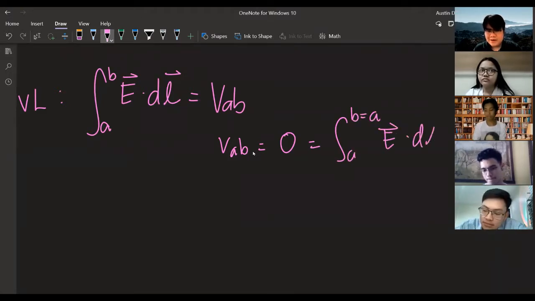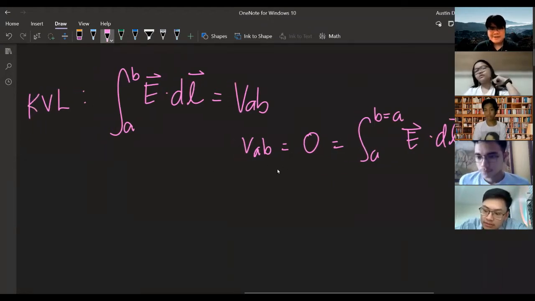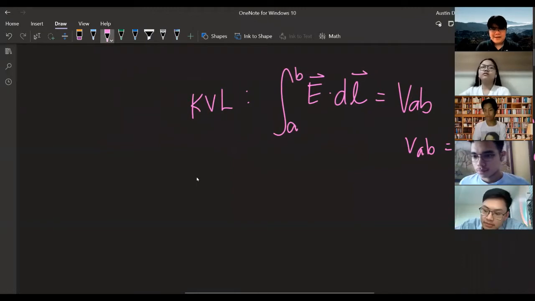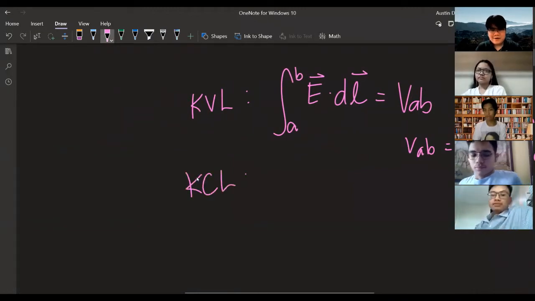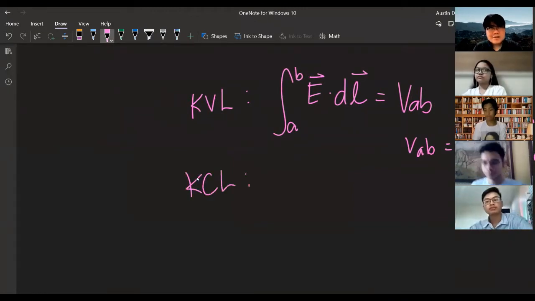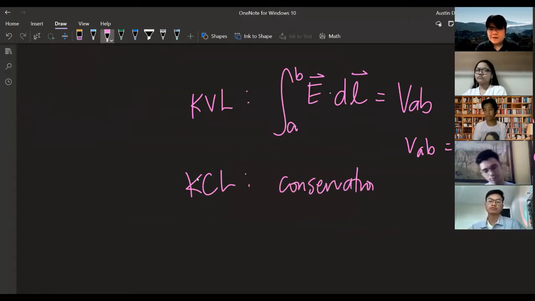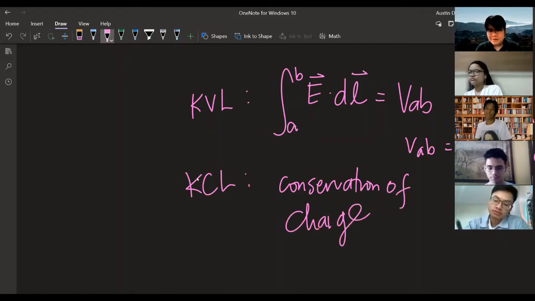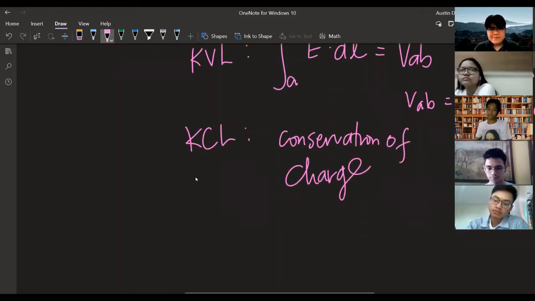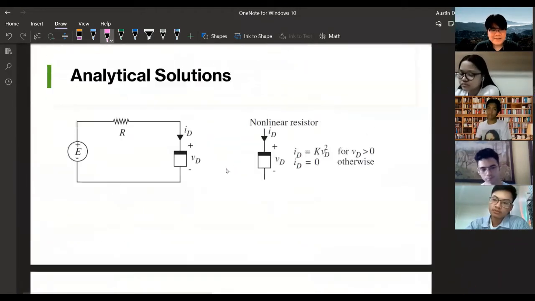So, kapag umikot ka, ayun yung KVL mo. Kaya, in-equal natin sa 0 yung voltages. Okay? KCL is just a product ng conservation of charge. Okay? Okay, so ayan, gumagana pa rin sila, yung KVL at KCL.